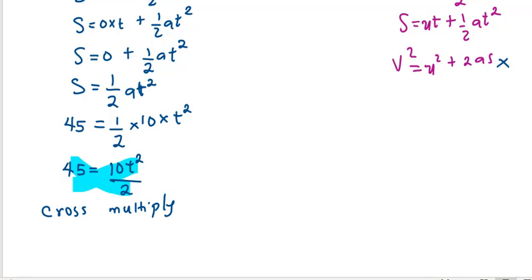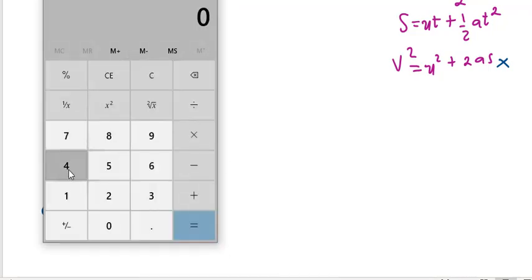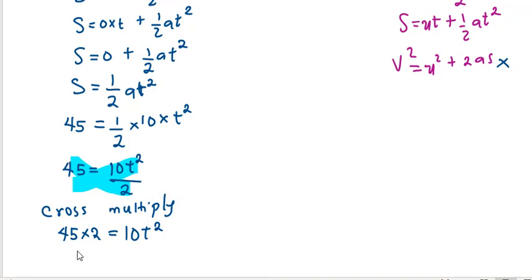Now 45 multiplied by 2, and then we'll have 10t squared. 45 multiplied by 2 should be 90. So we'll have 90 is equal to 10t squared.